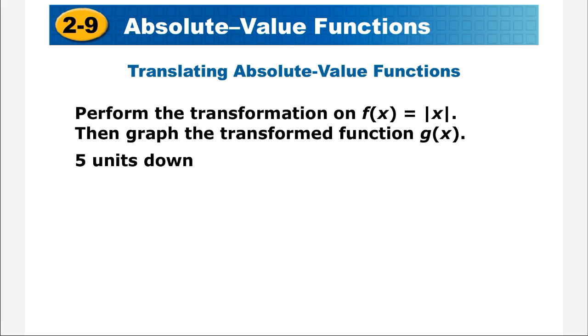So, if we want to perform this transformation on f of x equals the absolute value of x, and we want to move it 5 units down, that would be a vertical transformation. So, g of x equals f of x plus k.